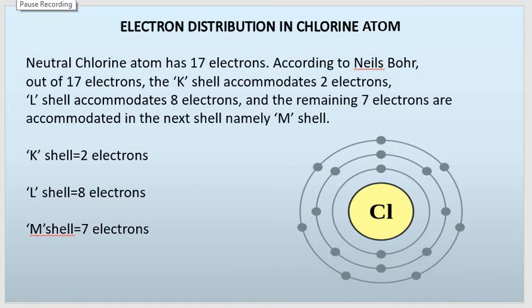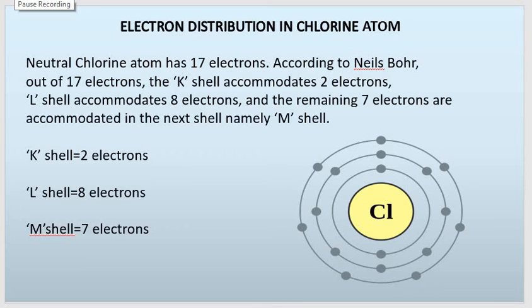Now let's learn the electron distribution in a neutral chlorine atom. The neutral chlorine atom has 17 electrons. According to Niels Bohr, out of 17 electrons, the K shell accommodates 2 electrons. The second shell, that is L shell, accommodates 8 electrons, and the remaining 7 electrons are accommodated in the third shell, that is M shell.